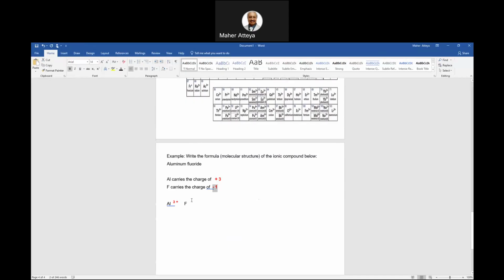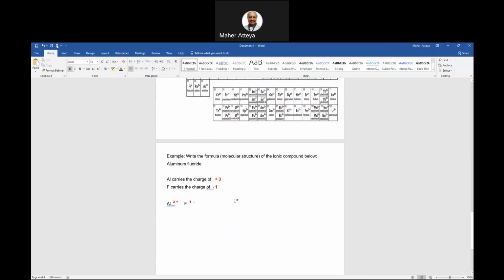So I put here superscript 1 negative. I'll put this one here and bold the whole thing, size 18, and then put it in red. Now, looking at the whole thing here, take this one out.